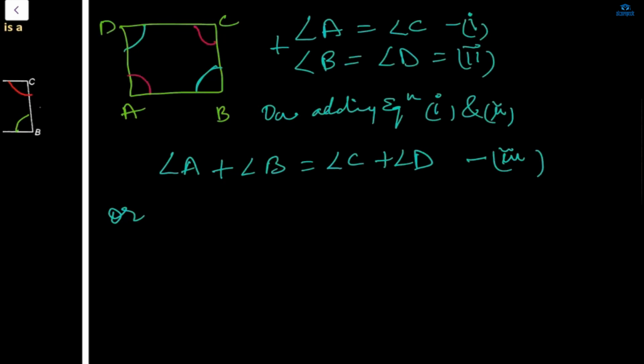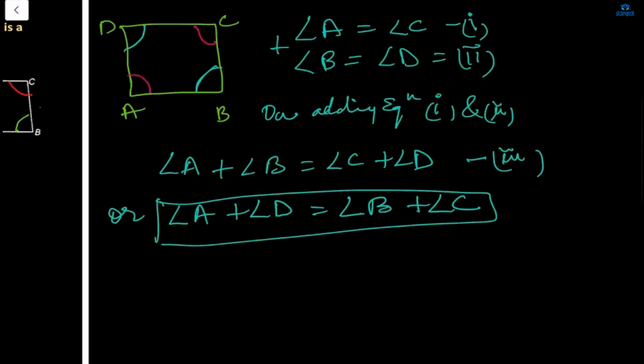So here you can write angle A plus angle D. Angle B is equal to angle D, so instead of angle B we can write angle D, also equal to angle B plus angle C. Just the reverse: instead of B I'm writing D, and instead of D I'm writing B. Understood? Now we will leave this for the moment and use the other equation, so you can mark it here as 4.